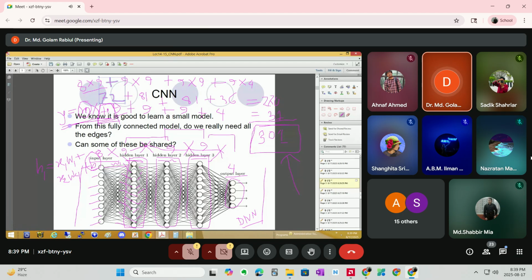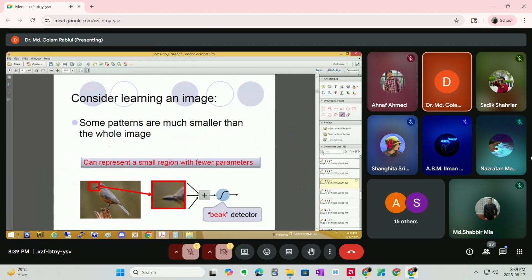So if we think about learning an image, how many input parameters do we have in it? Think of an image with a resolution of 1024 times 1024.